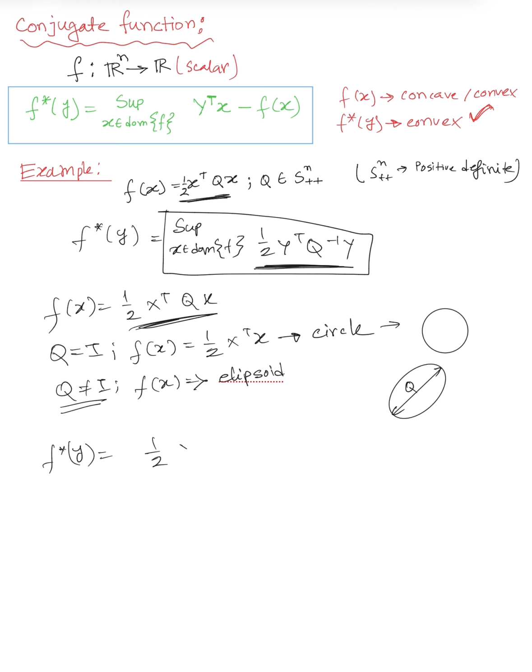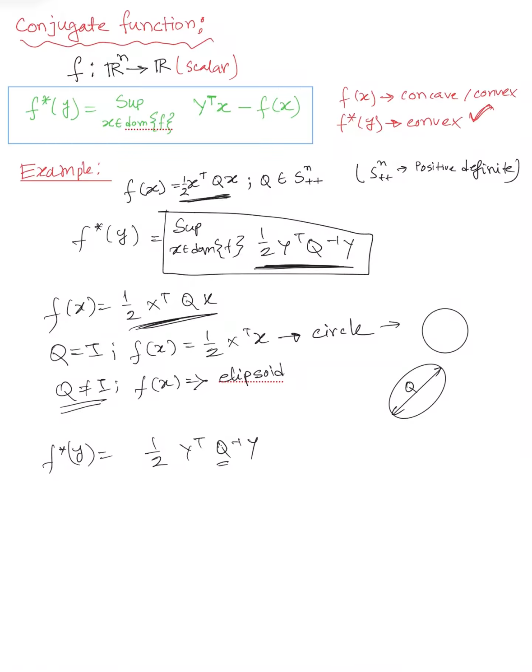So let's just see this portion, y transpose Q inverse y. It means that Q inverse is taking place instead of Q. So here we can also consider a circle like the other one.